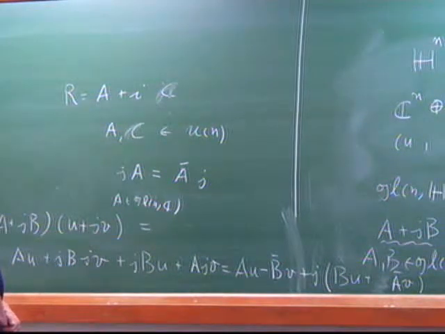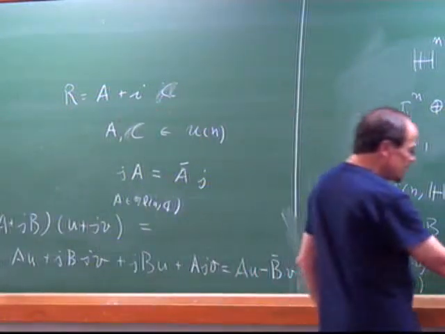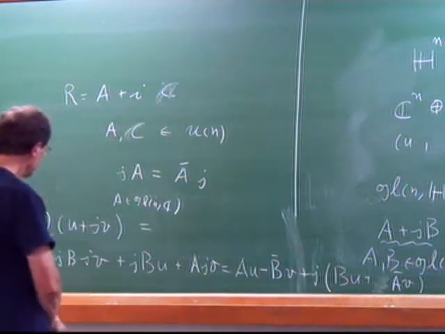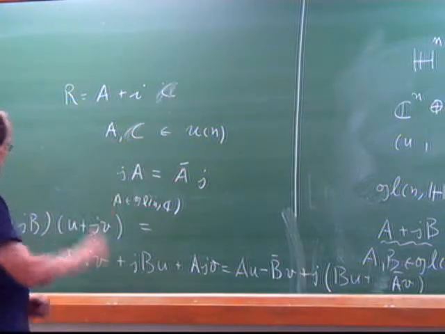I want B bar U. What's the other one? So that U is equal to 0. I get minus B bar V, that's okay. Plus A bar V. I don't want that. I want the embedding to look like this.